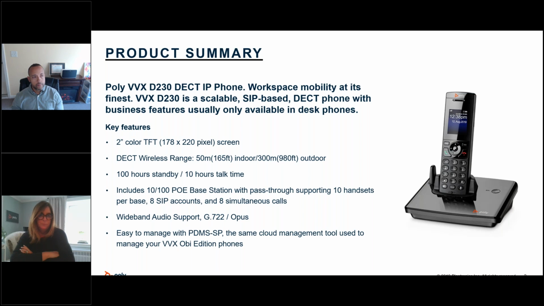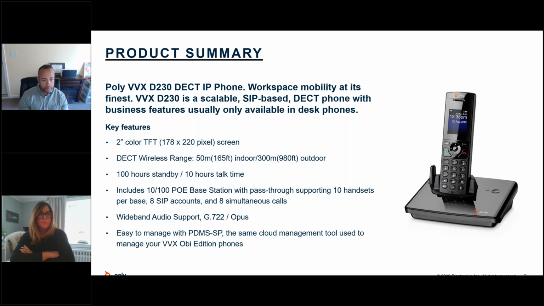For a very typical restaurant or small business, having one DECT base station should be sufficient to cover your entire office space. When we say 50-meter indoor, what we mean is, if you have walls, cubicles, or a break room between different areas, because of those barriers, the estimated range of coverage is about 50 meters, 165 feet.